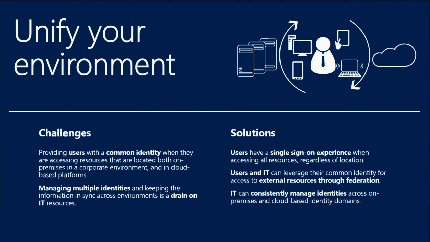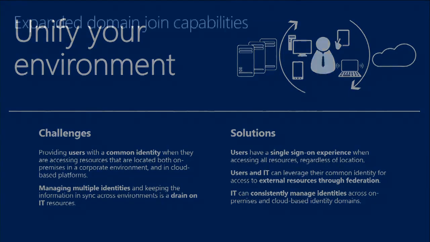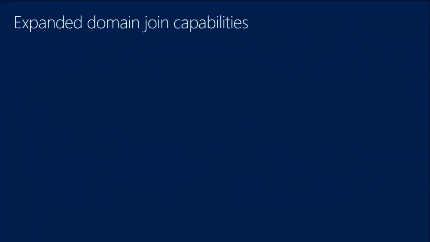And IT can very consistently manage these identities that are on-premise as well as cloud-based identity solutions to ensure that the on-premise Active Directory implementation and the cloud-based identity domain are in sync.